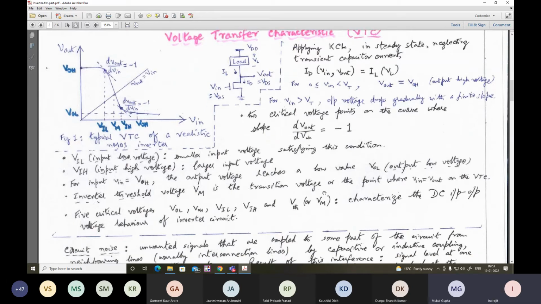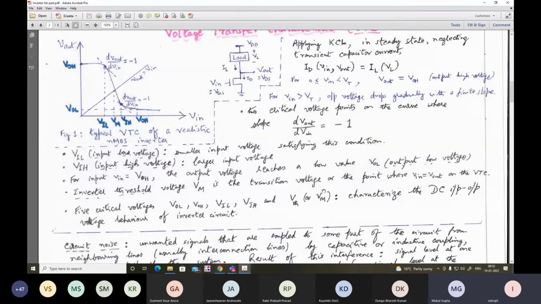In the analysis part, we'll see that if W/L is given, then it will dictate the value of VIL and VIH, also VOL, and for that we can find out how much noise margin is allowed for this particular design.